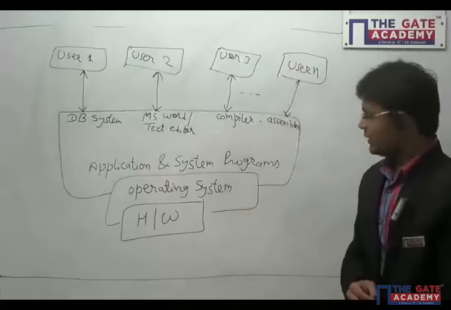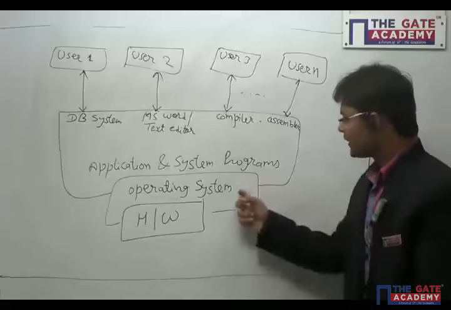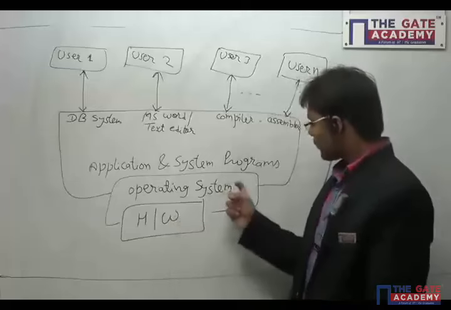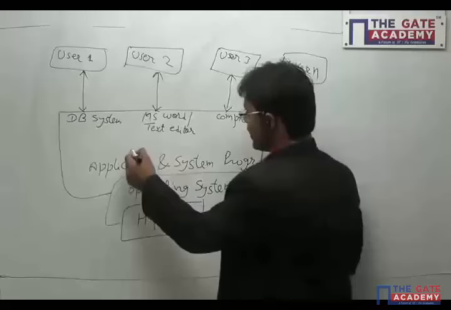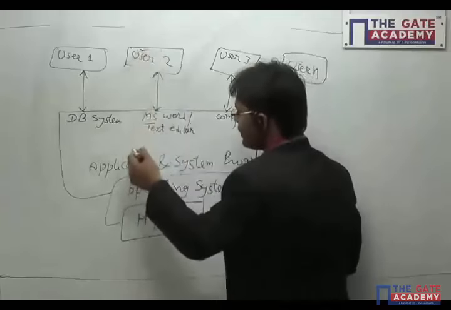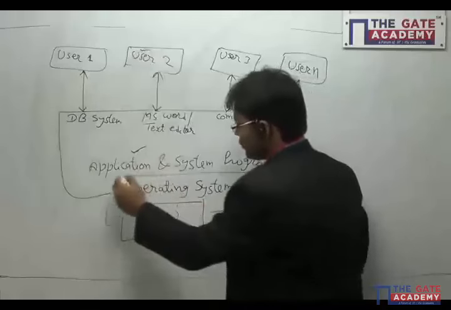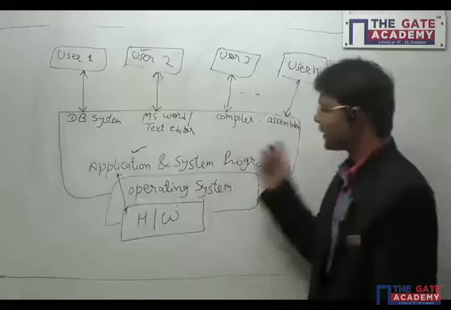So you can understand the importance of your operating system. Okay, your operating system will sit on the top of hardware and it will provide you interface so that you can use, you means users, and through your application programs you can use the hardware, through operating systems.